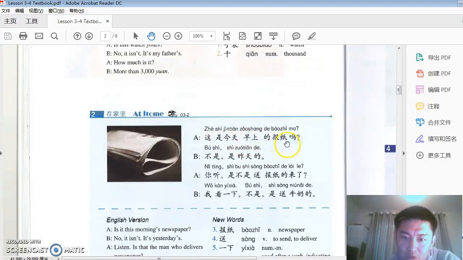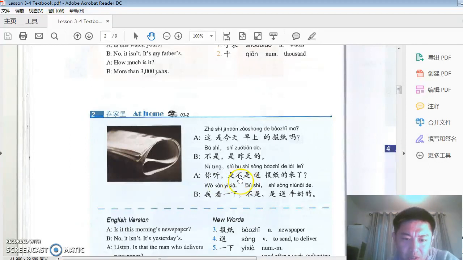Is this morning's newspaper? 吗？ The answer is 不是，是昨天的报纸。But 报纸 is omitted, right? 这是昨天的报纸。Then he said 你听, you listen. Or he said, hey, have a listen.